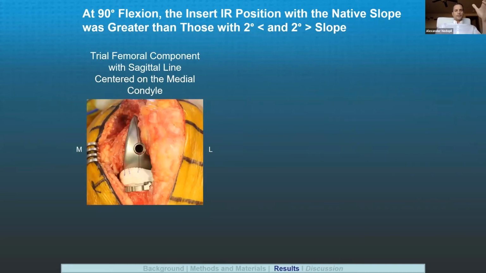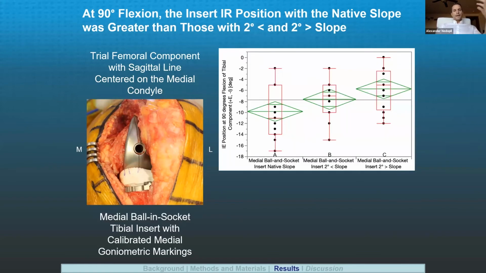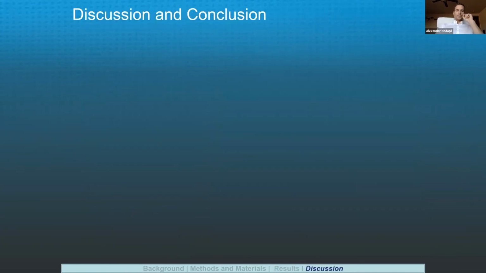Here you can see the knee in flexion. You see the sagittal marking on the femur component and the goniometer markings on the tibial trial insert. While the native slope had an internal rotated position of approximately 10 degrees, the decreased slope was 2 degrees less internally rotated, and the increased slope was 4 degrees less internally rotated.